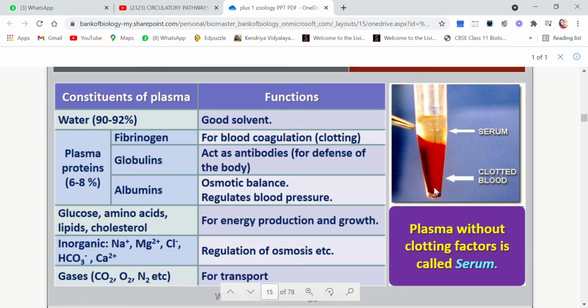So all the clotting factors are now below, and whatever is left behind is called serum. So serum is plasma without clotting factors. There are many other factors which are used in clotting, like calcium ions, which are also very important in clotting. If we subtract all the clotting factors from plasma, then whatever is left behind is called serum.